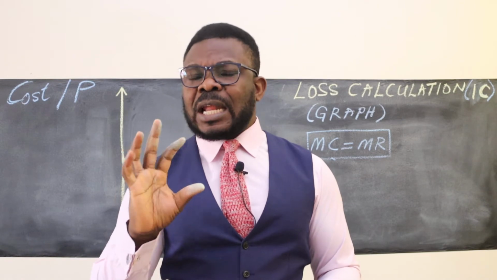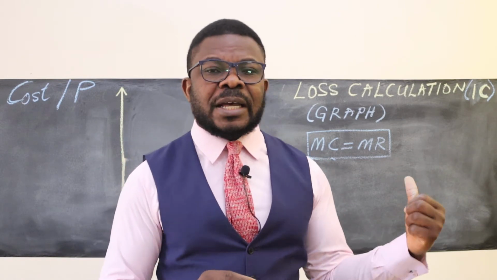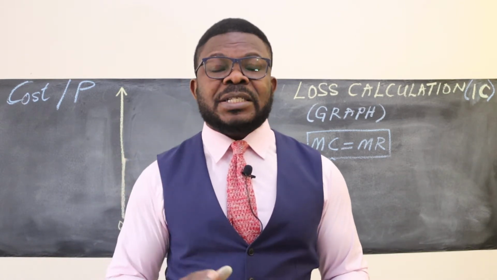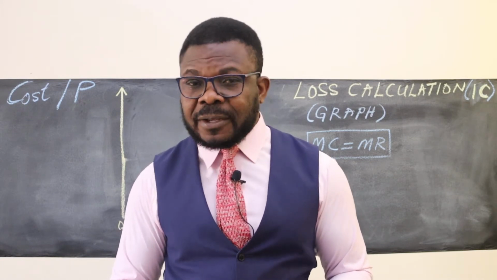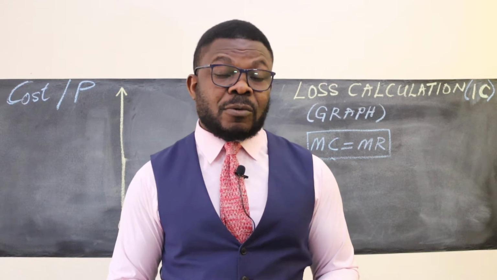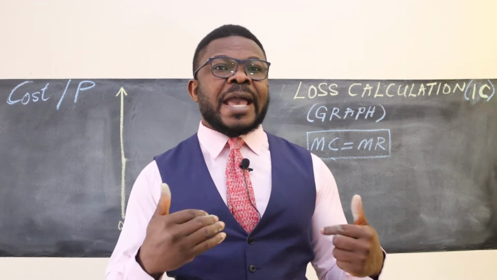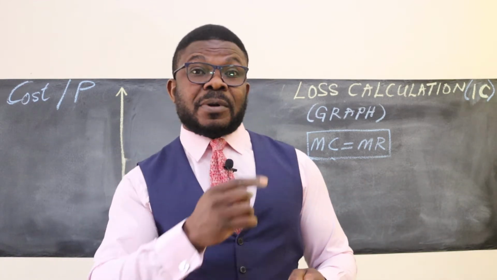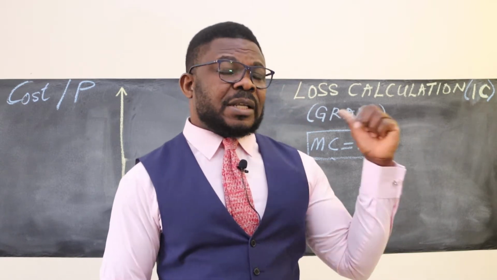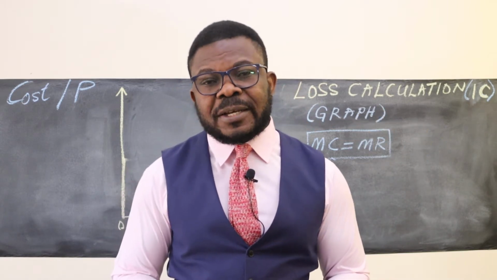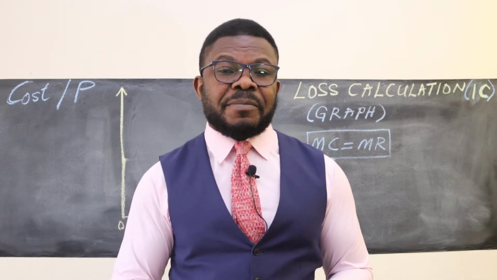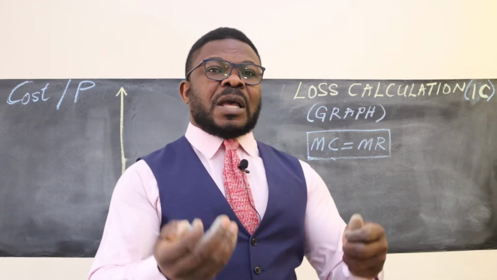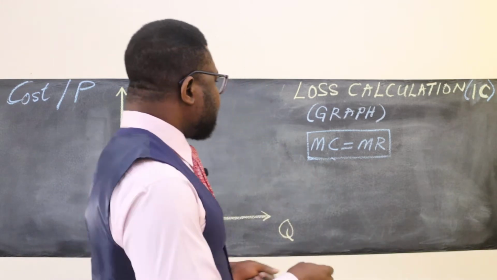That allows the monopolistic competitor to charge different prices. So we call the monopolistic competitor a price maker, unlike the perfect competitor who is a price taker. In the case of the monopolistic competitor, the price line or demand curve is not going to be a straight line. It's going to be downward sloping. So come with me, let's have a look.